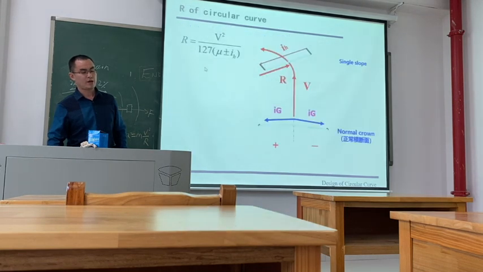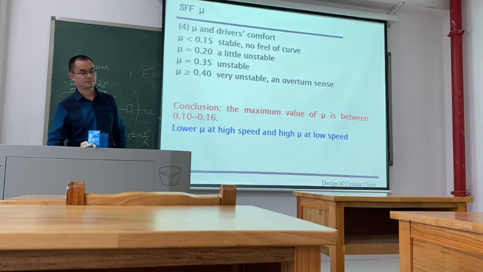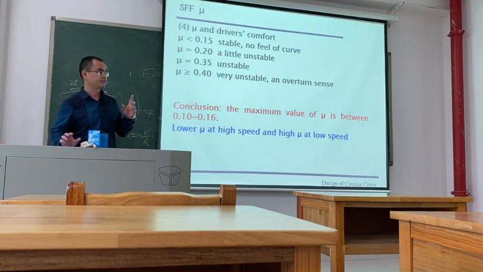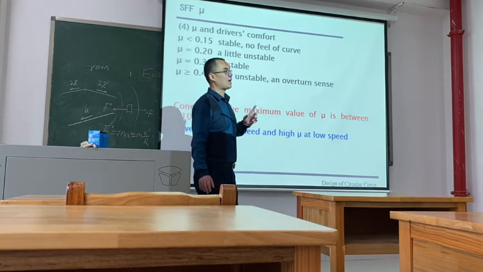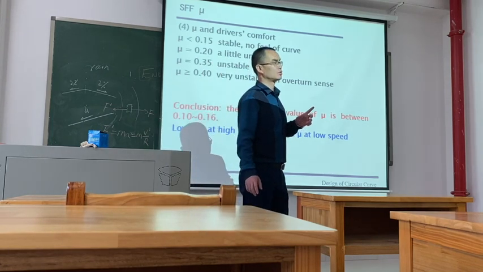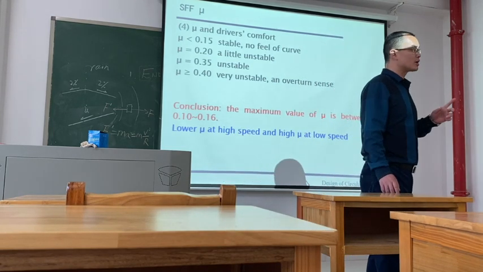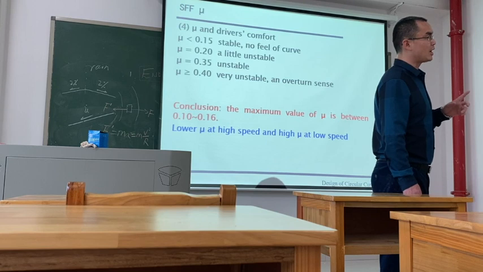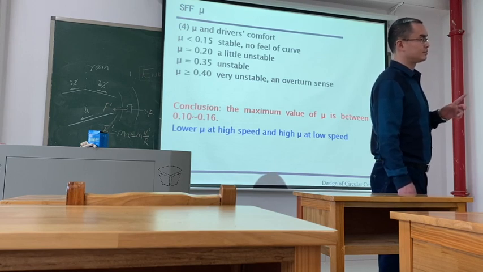So, R larger, IH smaller. R smaller, IH larger. How small?